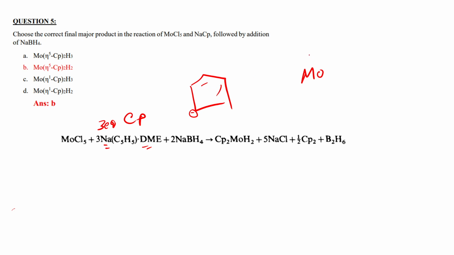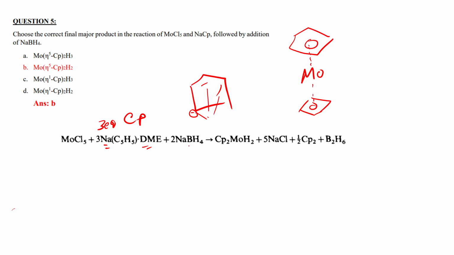Which contributes for free electron donation. Again, this is also for free electron donation. That's how the first cyclopentadienyl would be incorporated, then the second one, followed by reduction.